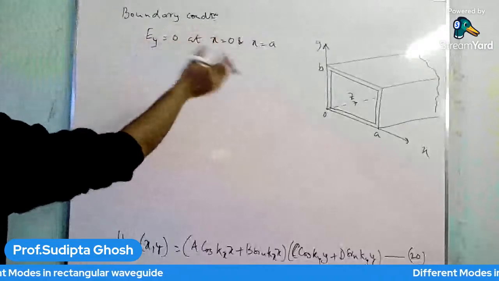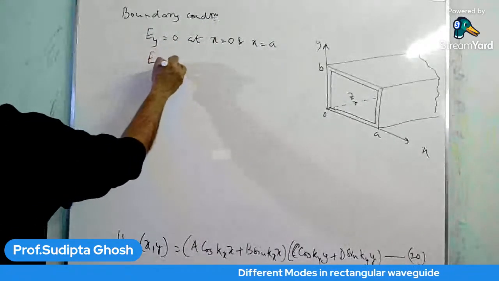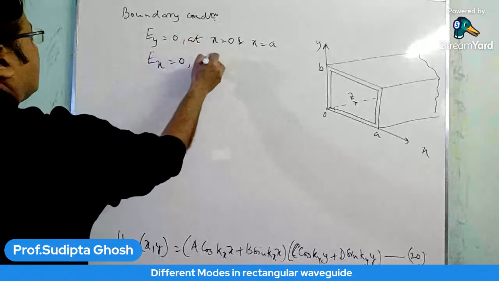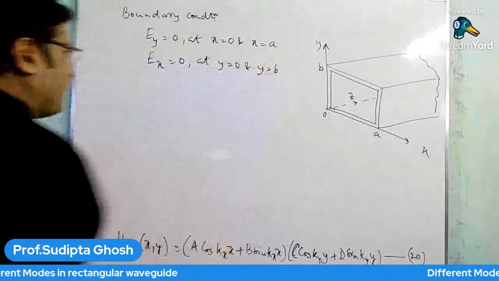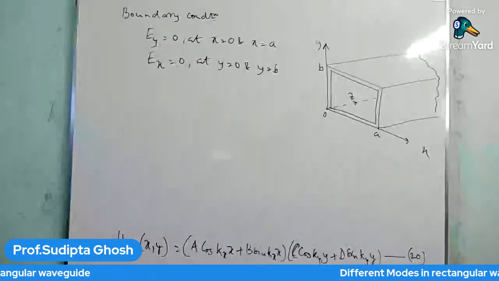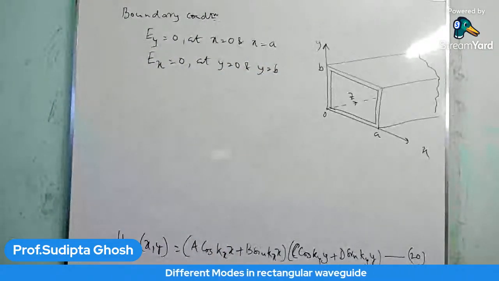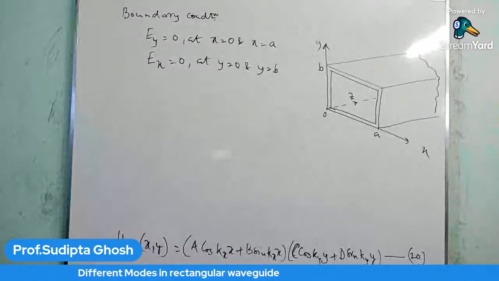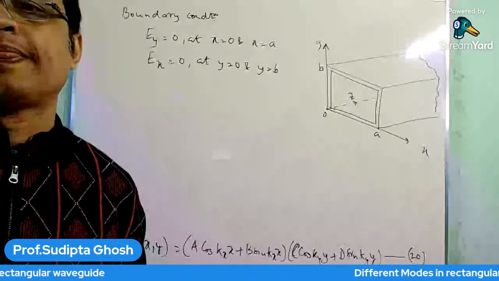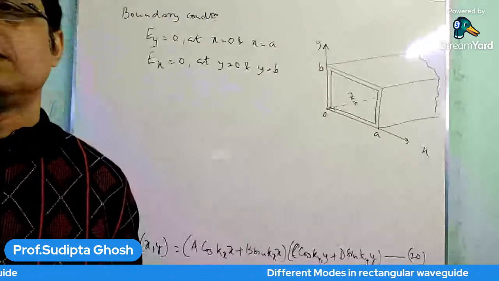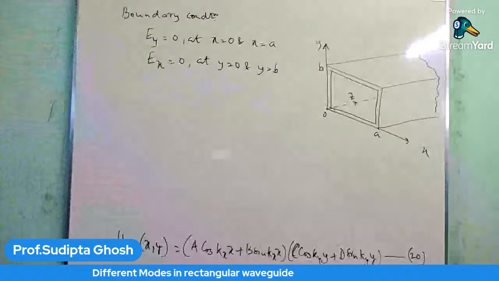This is one pair of boundary conditions, as well as Ex will be 0 at y equals 0 and y equals b. So this is another pair of boundary conditions. So we have 4 boundary conditions and we also have 4 constants to determine. So let's move on to find out these values.